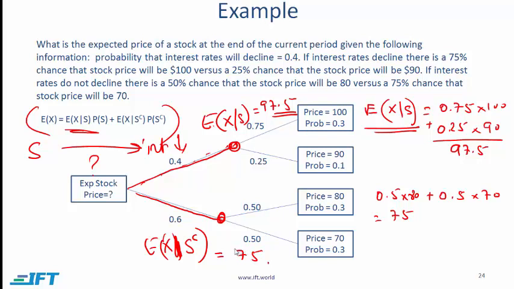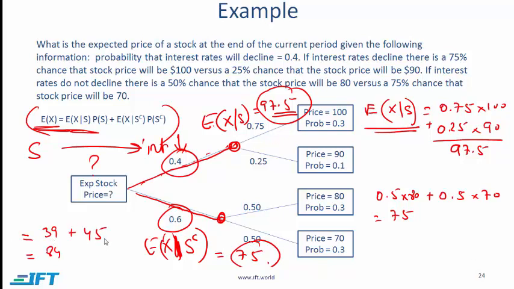So what now is the expected value of the stock price? That expected value will be 0.4 into 97.5 plus 0.6 into 75, which is equal to 39 plus 45, which is 84. So that is the expected value of the stock price.